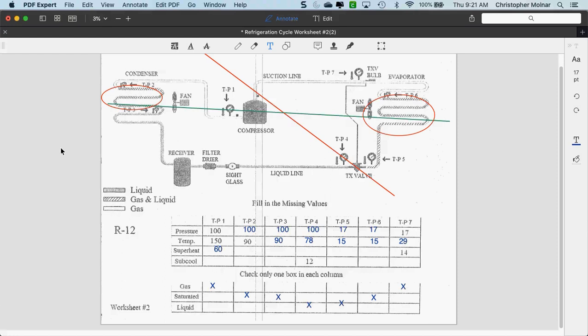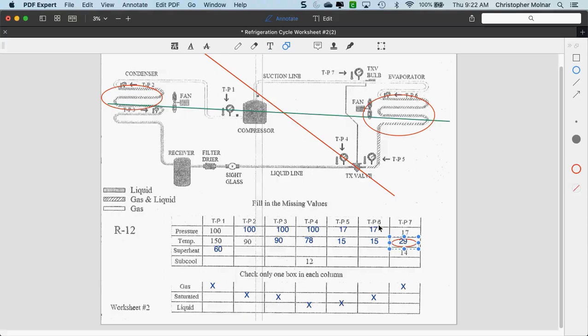Hey, Chris, do you still have to go over more of the superheating? That's tomorrow's lesson. I was still just a little confused on where you get the numbers for TP7. In real life, you would put a pipe clamp thermometer onto the suction line. That would give you the temperature of the suction line, which would come out to be, in this case, 29.